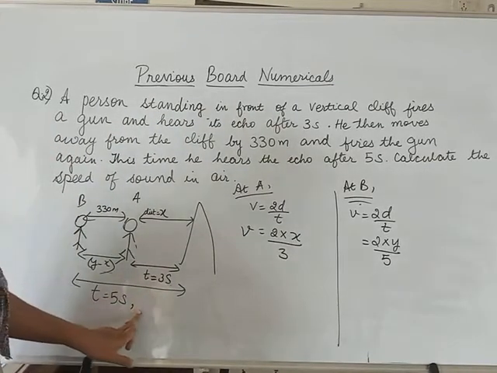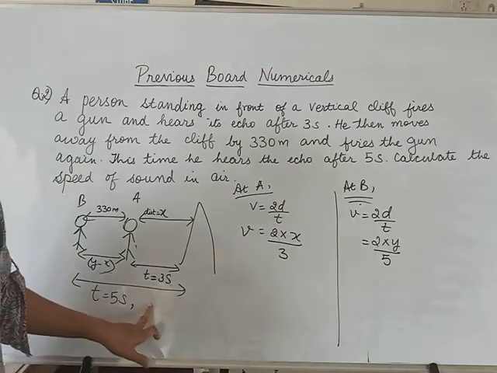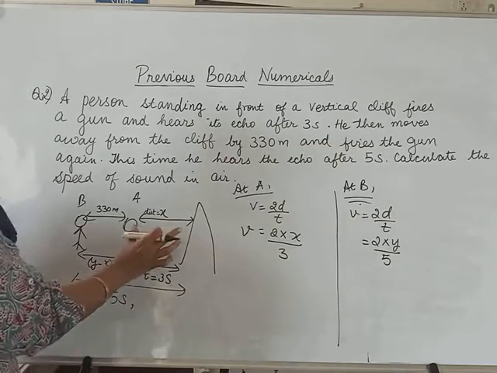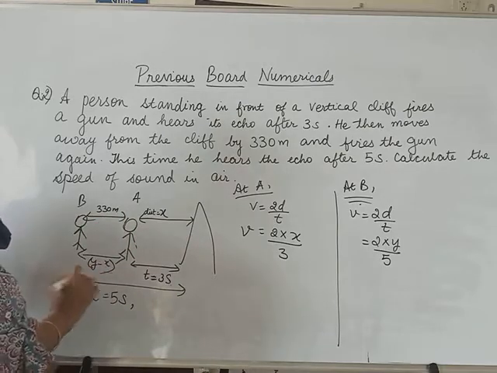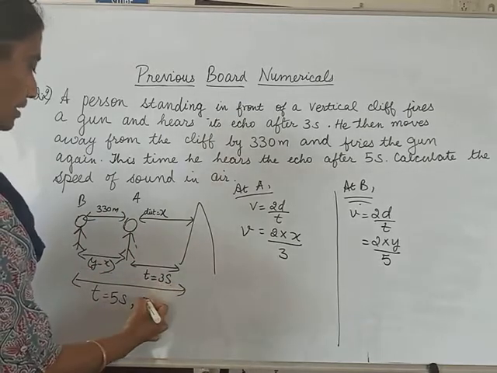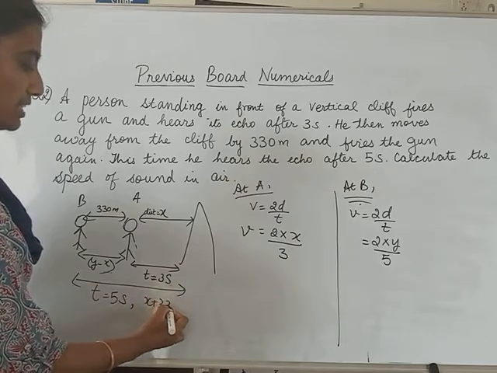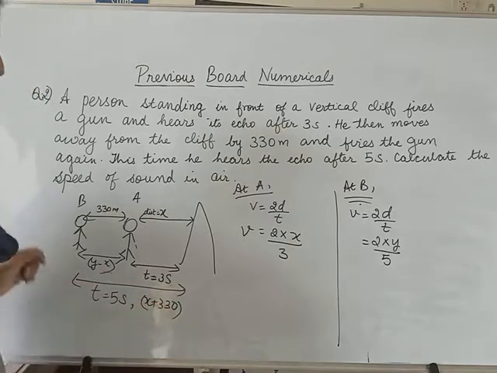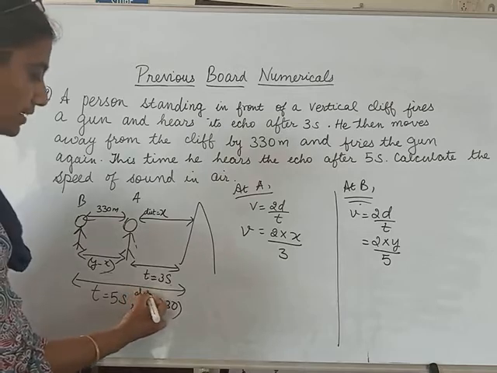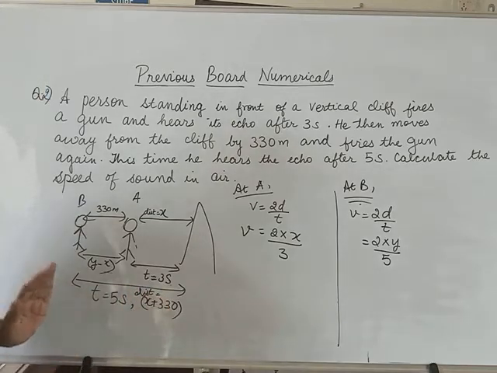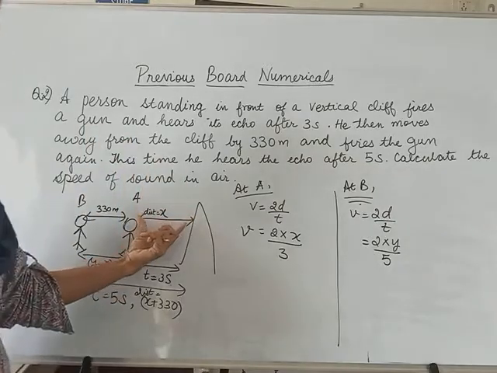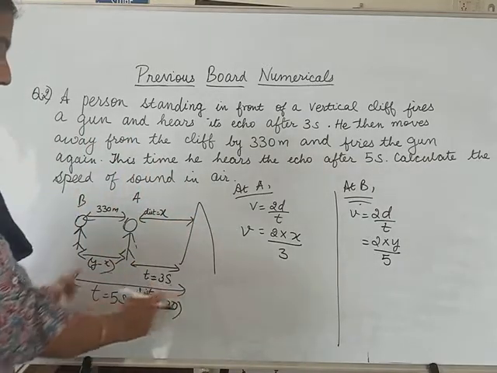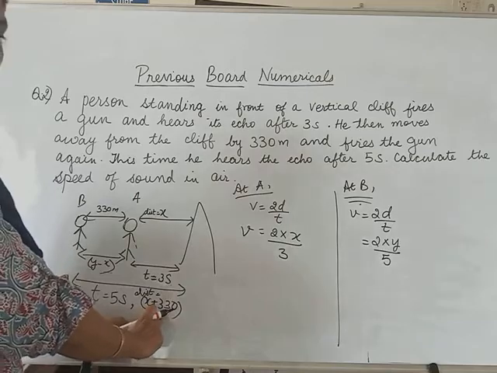Sorry children, a small correction here. You don't have to take y as this distance, because this distance is x, and this distance is 330. So what will this distance be? x plus 330. Please don't take another variable, then you can't find anything. It's enough if you assume this distance as x. So naturally this distance will be x plus 330.